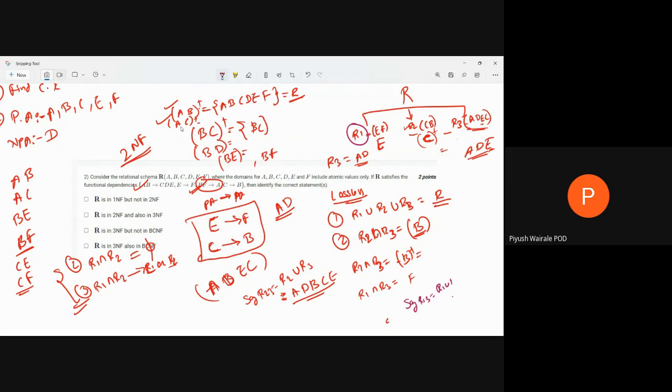That is E, F, A, D. Now check R13 intersection R2. Is there any C common? C is there, right? Oh, no, C is not there now. We are just considering ADE only. Because there is no common attribute, in this case it will be lossy. So we need to include this key also here.